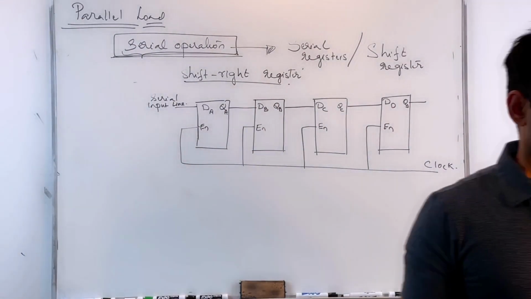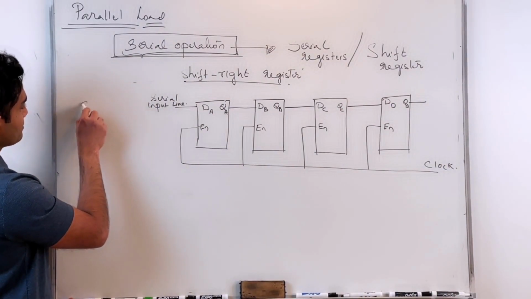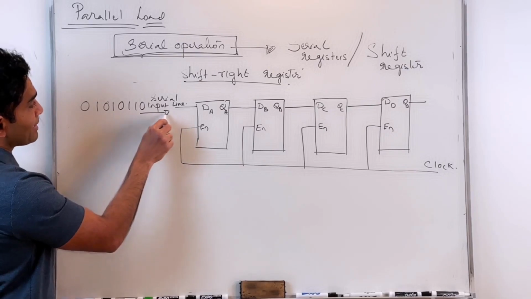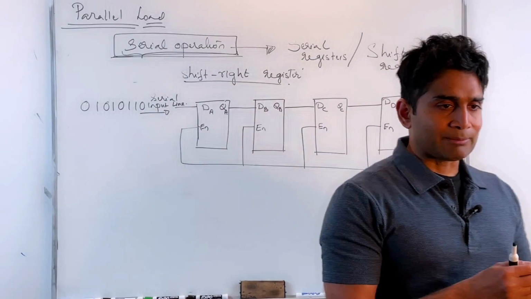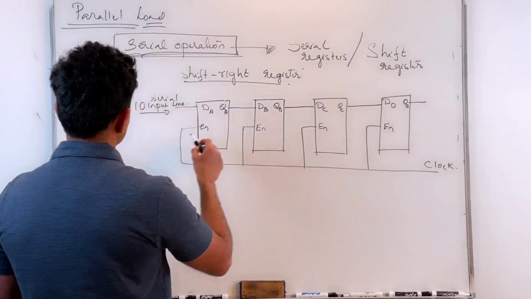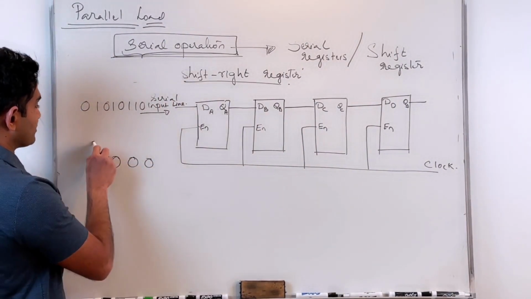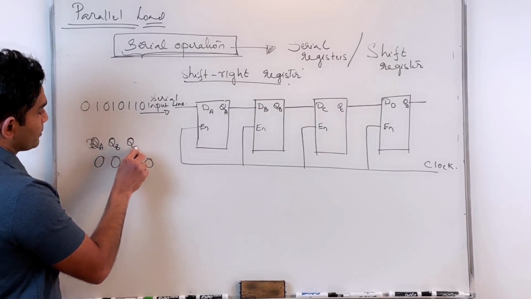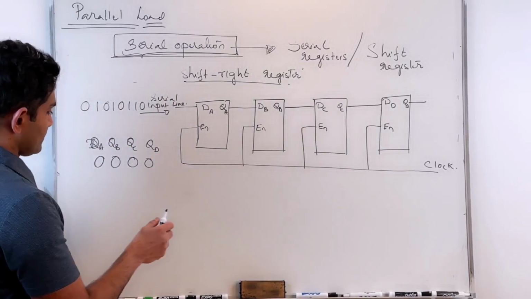Okay. Now, how does it work? Let's say this is my serial input coming in, 1 bit at a time. So I'm synchronizing this serial input with respect to the clock. So 1 bit at a time comes in. Okay. So on the first clock pulse, let's say everything is cleared to be 0 in my flip-flops. So that's QA, QB, QC, and QD. Okay.